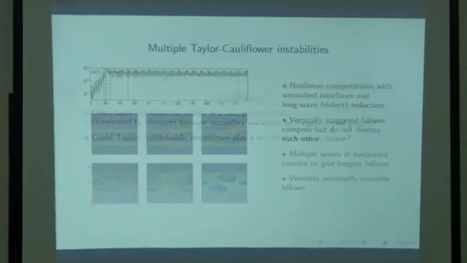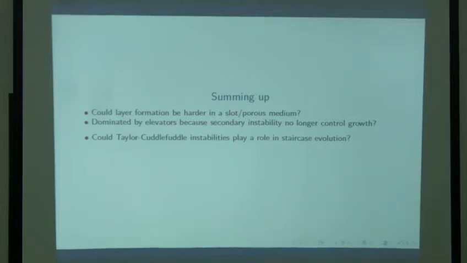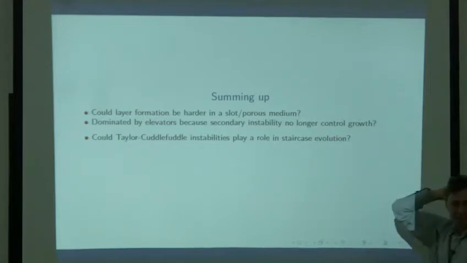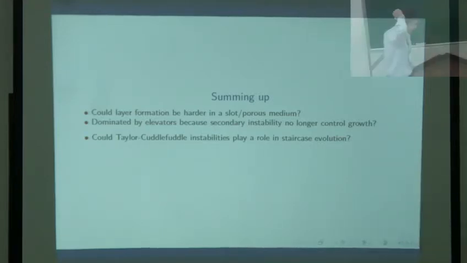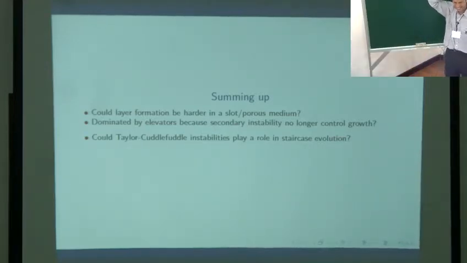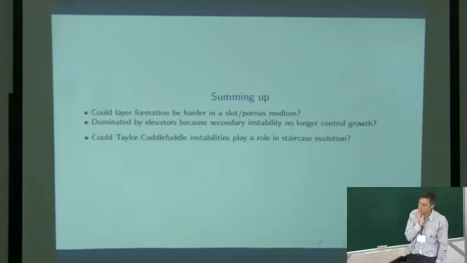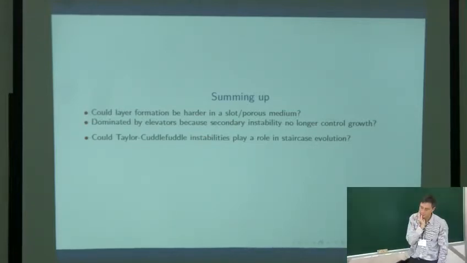Okay, so let me just sum up what I've told you. We had great difficulty in getting the primary instability to saturate in this porous medium problem, and as a result, we could not find any layering.